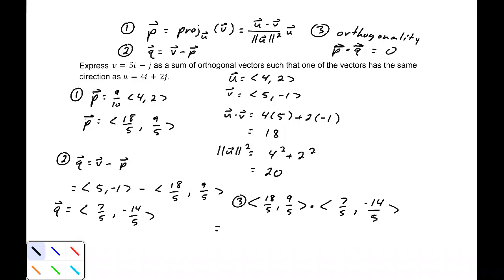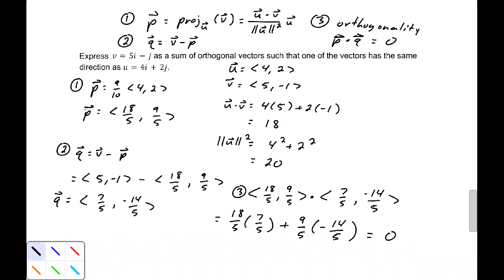Right, 18 over 5 multiplied by 7 over 5, and then we have a negative there, so plus 9 over 5 multiplied by negative 14 over 5. And that is, in fact, equal to 0.